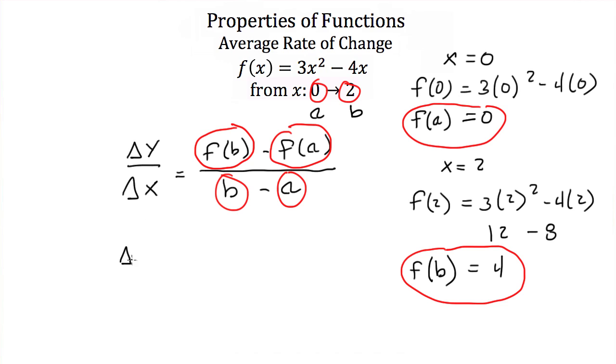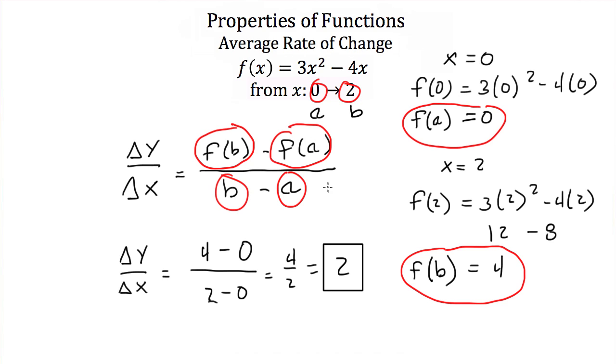So my average rate of change for this function between these 2 points is equal to 4 minus 0 over 2 minus 0, which is equal to 4 over 2, or it's equal to 2. So the average rate of change for 3x squared minus 4x over the interval from 0 to 2 is just 2. It goes up 2 y for every 1 x, and that's an approximation.